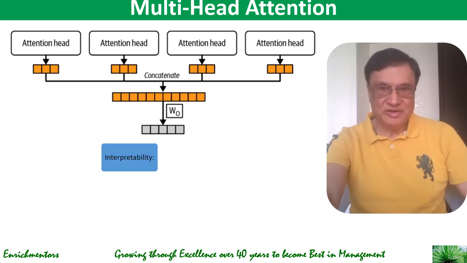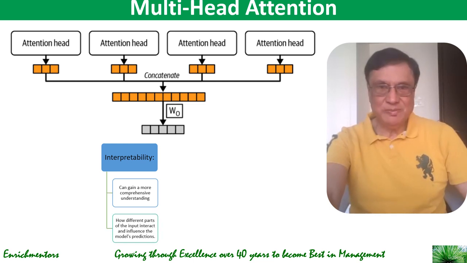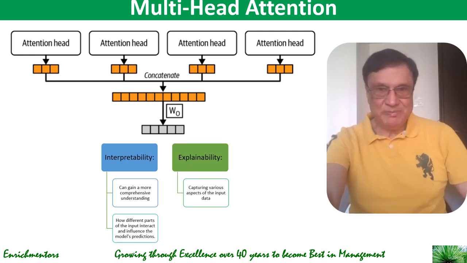In terms of interpretability, by analyzing the attention across multiple heads, one can gain a more comprehensive understanding of how different parts of the input interact and influence the model's prediction. And it also provides richer explanation by capturing various aspects of the input data and their contributions to the output, right?